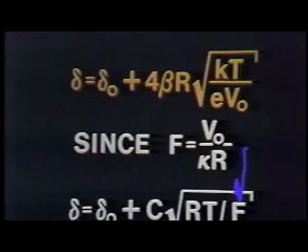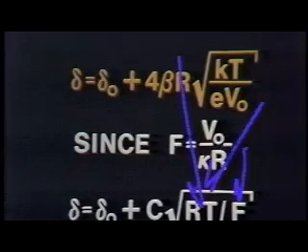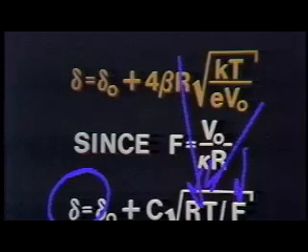If we make the field high enough, that's automatic, 4.5 volts per angstrom. If we make the temperature low enough, say 80 degrees Kelvin, and if we make the tip radius small enough, say 500 angstroms, that's easy to do, delta turns out to be about 2 angstroms.